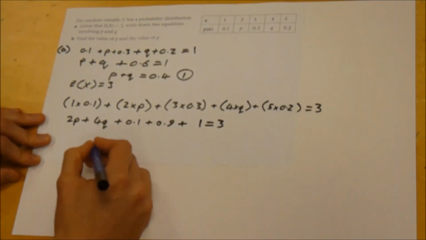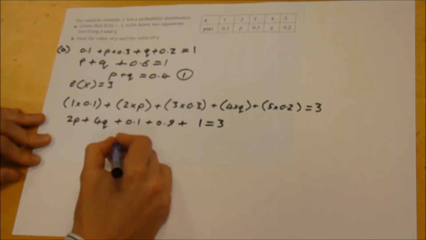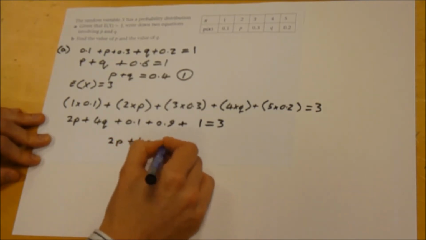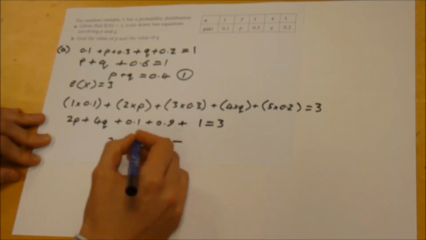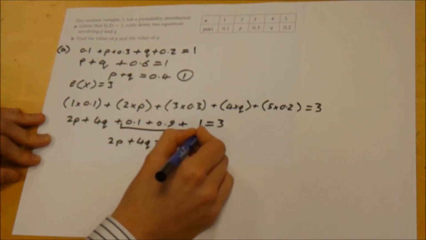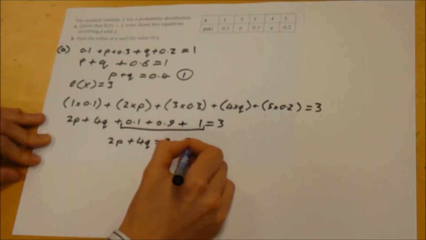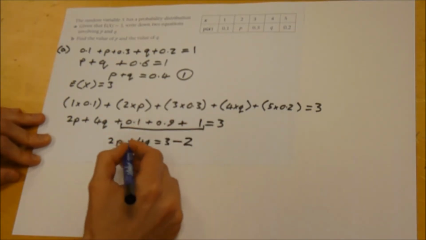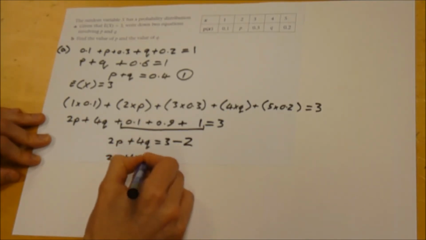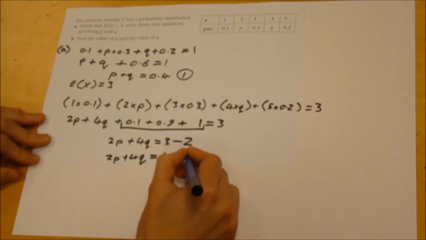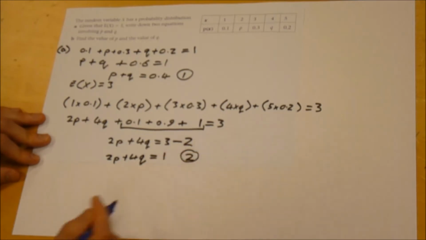So 2p plus 4q equals 3 minus, well, if we take all of this over to the other side, that's 1.9, so 3 minus 2. We're taking away 2 from both sides. So 2p plus 4q also equals 1, and that is equation 2 sorted.